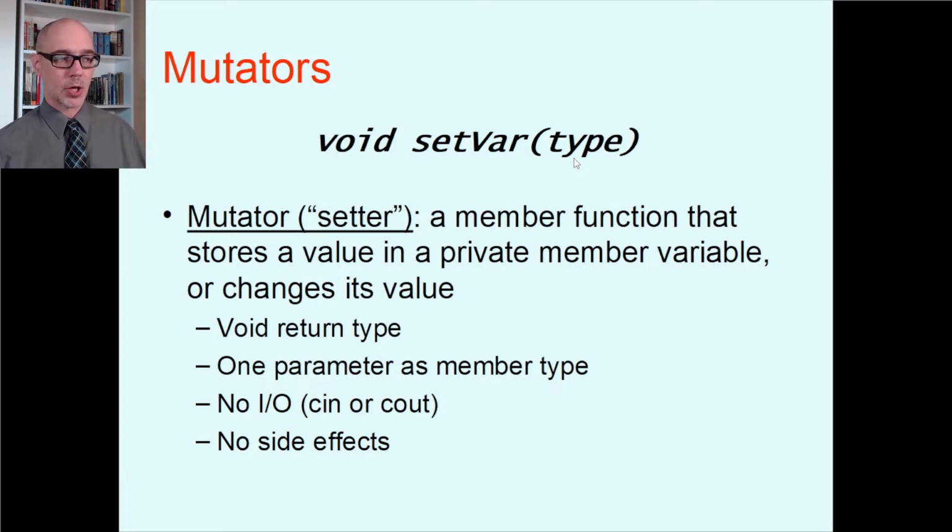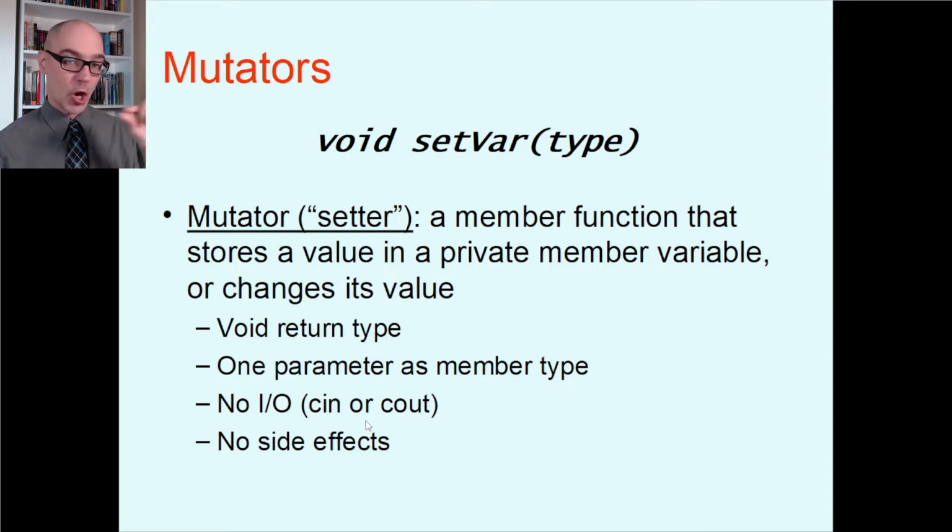Back in our rectangle class, we had a function called setLength, and length is a double. So the setLength function has to take in a double, because that's the number that's going to get saved in the length. Whatever the variable is, I had setLength, I had setWidth, probably one per member variable. So you'll have one single parameter, and the type is the same as the member type.